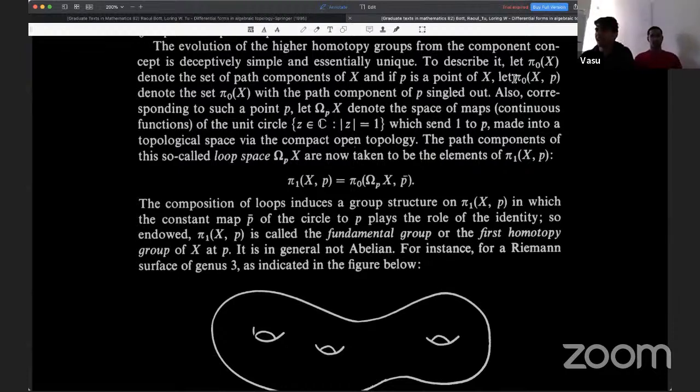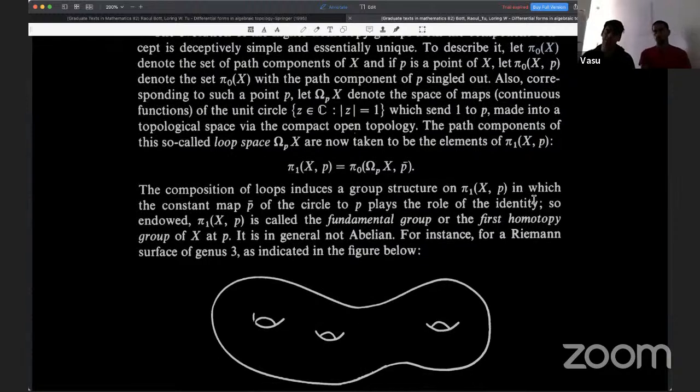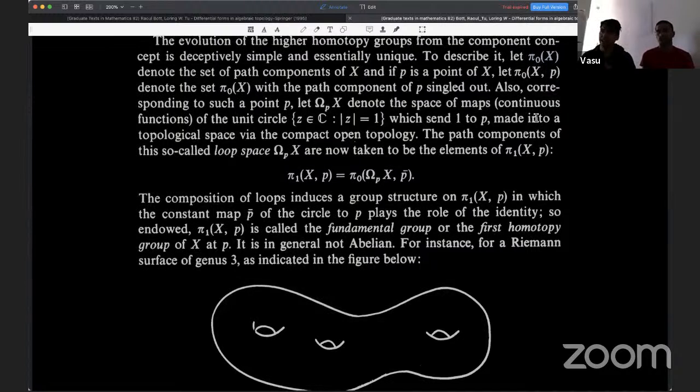So we'll start off by observing the very first quantity we will assign to our given topological space. Remember, the game we're playing here is someone hands you a topological space. You can think of something concrete like a ball or this genus 3 topological surface that's depicted here. And the game is, how do we take this complex nonlinear quantity, this topological space, and produce something much more manageable that describes something essential about the space?